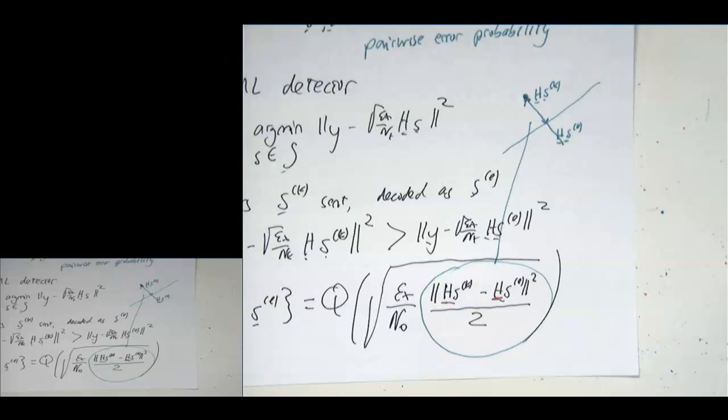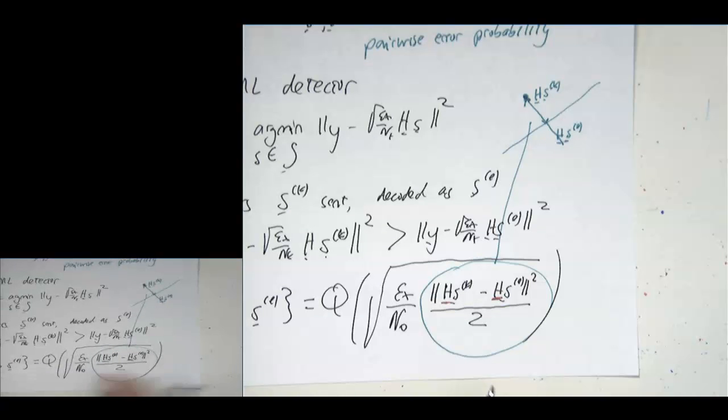Okay, so now, given that, what we want to do is derive a bound on the minimum distance, a bound on the probability of error.